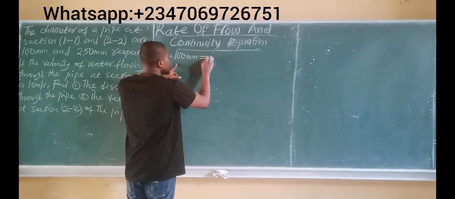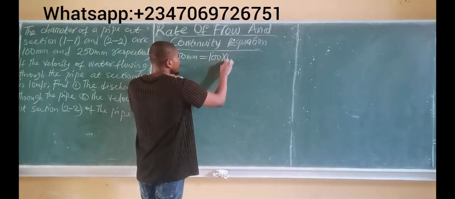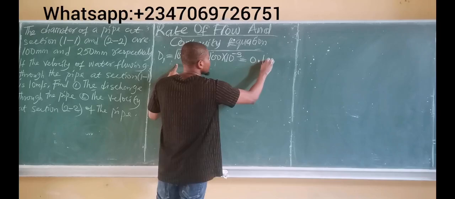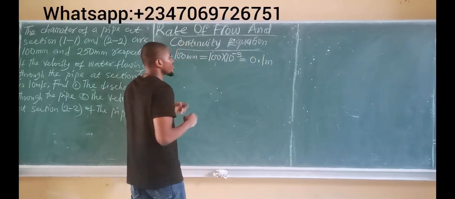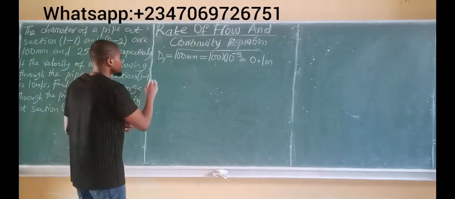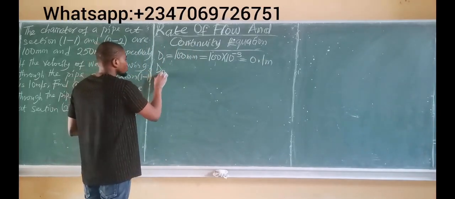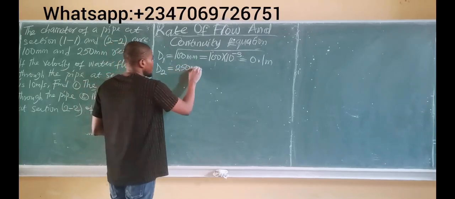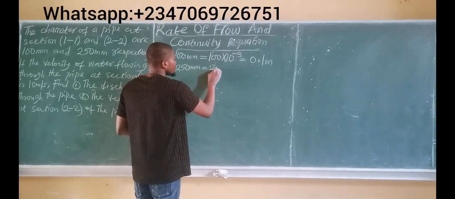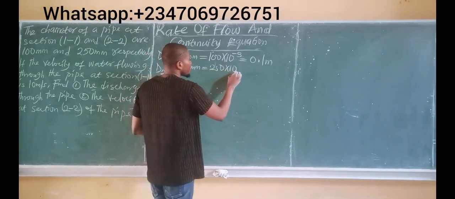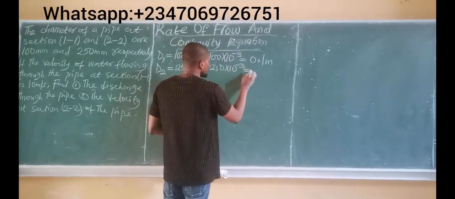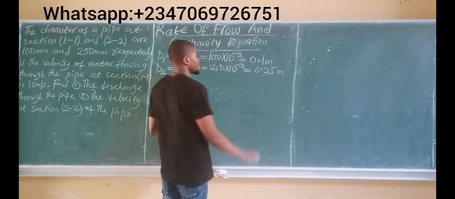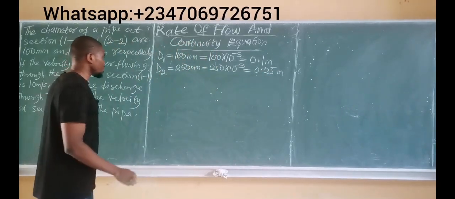So that gives us 0.1 meters, which is the diameter for the first section of the pipe. For section 2, D2 was given as 250 millimeter, which equals 250 multiplied by 10 to the power of negative 3 in meters, so you have 0.25 meters.